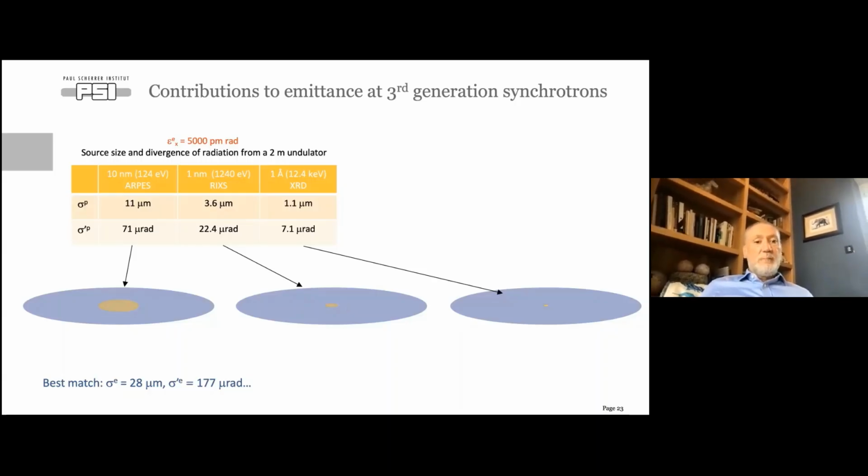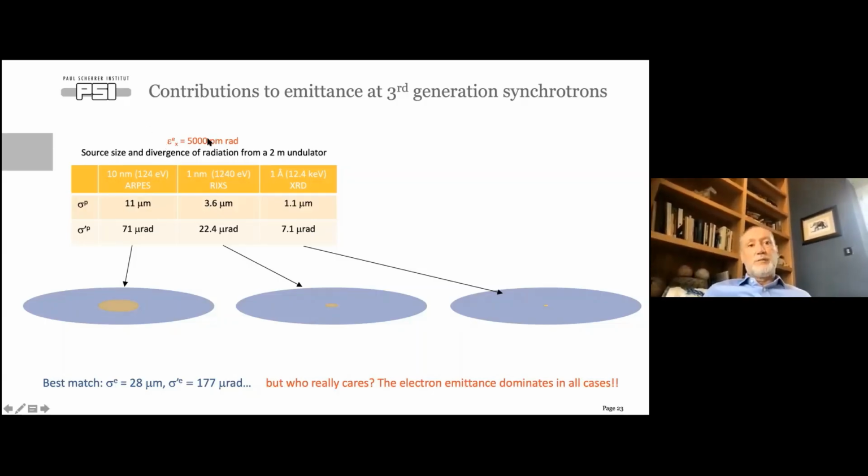Hence, the matching of the photon and electron emittance doesn't really have very much of an influence on the final product. The reason being is that the electron emittance dominates in all the cases.